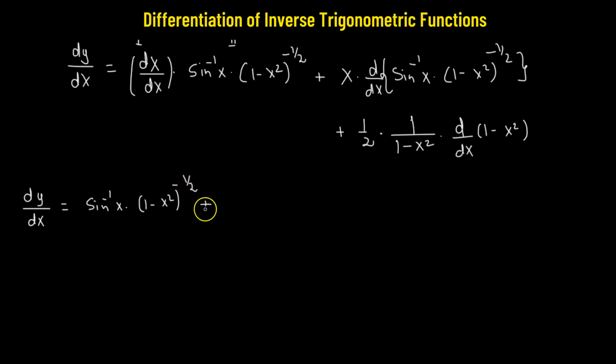plus x times. Now we again have to apply the product rule. Let's treat sine inverse of x as the first function and 1 minus x squared raised to the power of negative half as the second function.